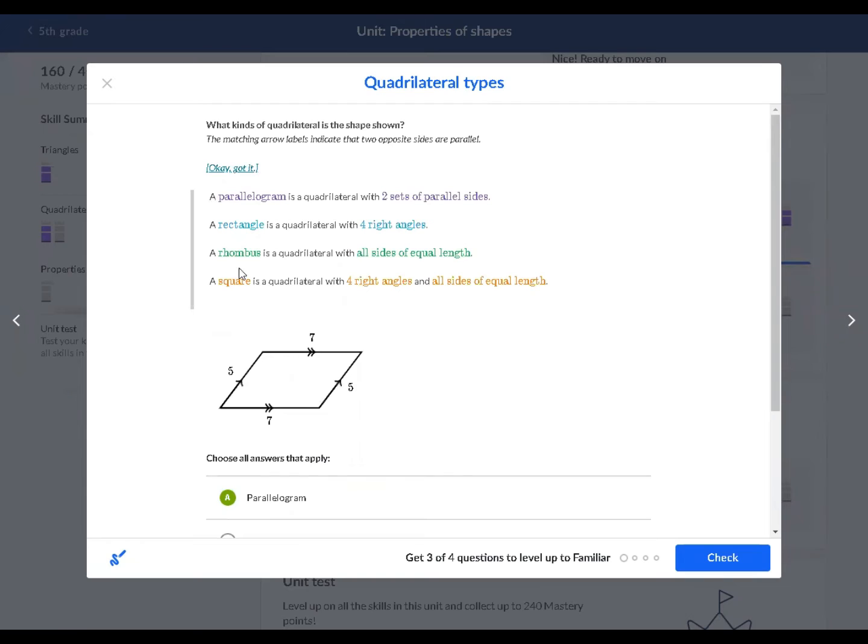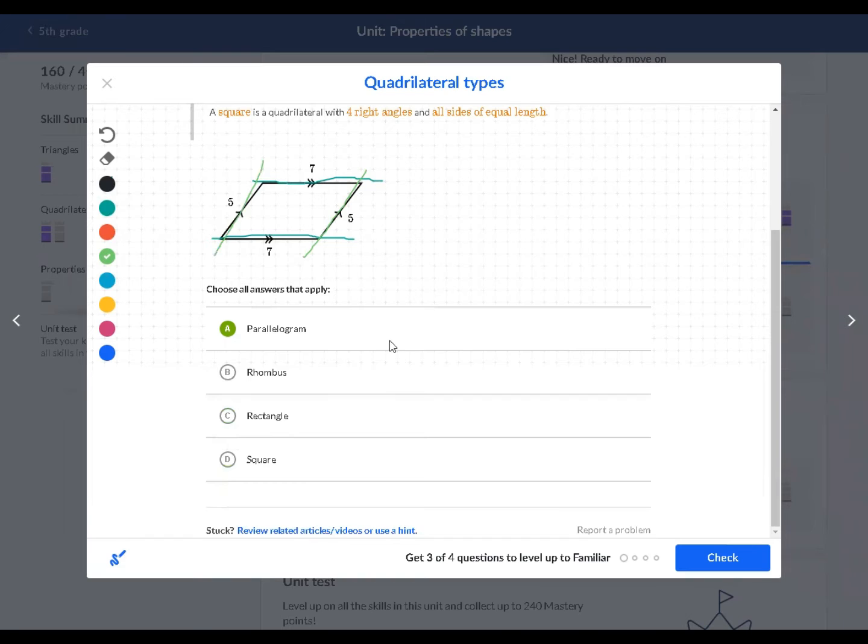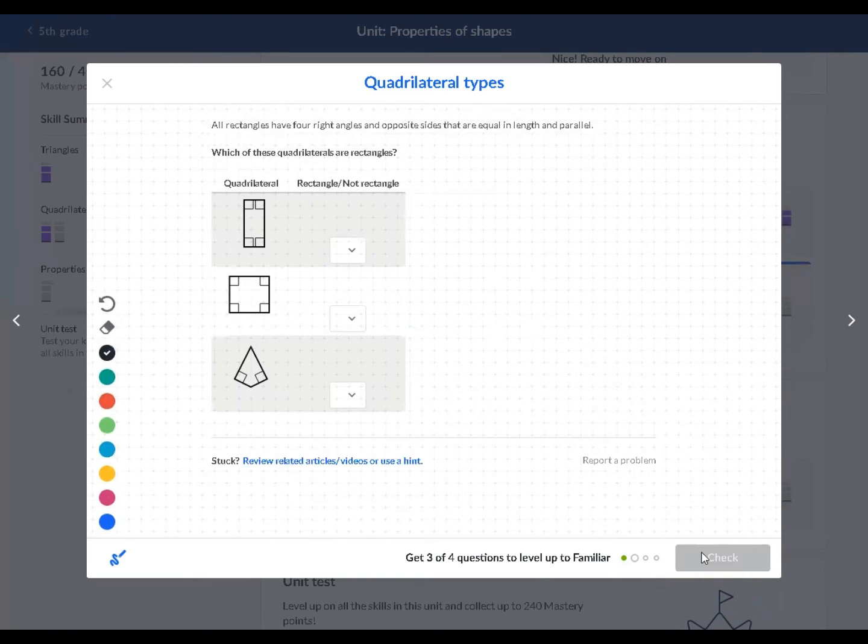The definition of a parallelogram is two sets of parallel lines. You could see here, this line is parallel to this line. Both are parallel to each other, and this line is parallel to that line. So this is clearly a parallelogram, and we got it correct.